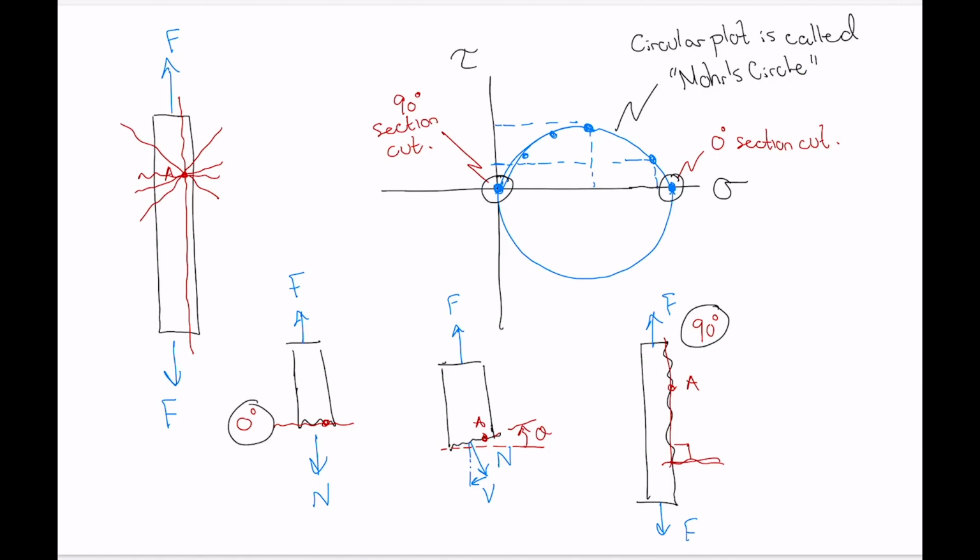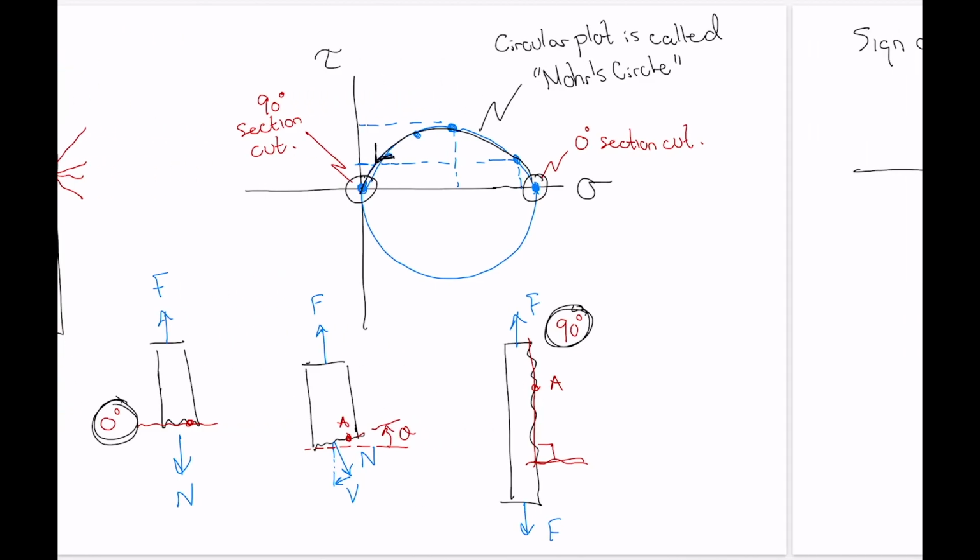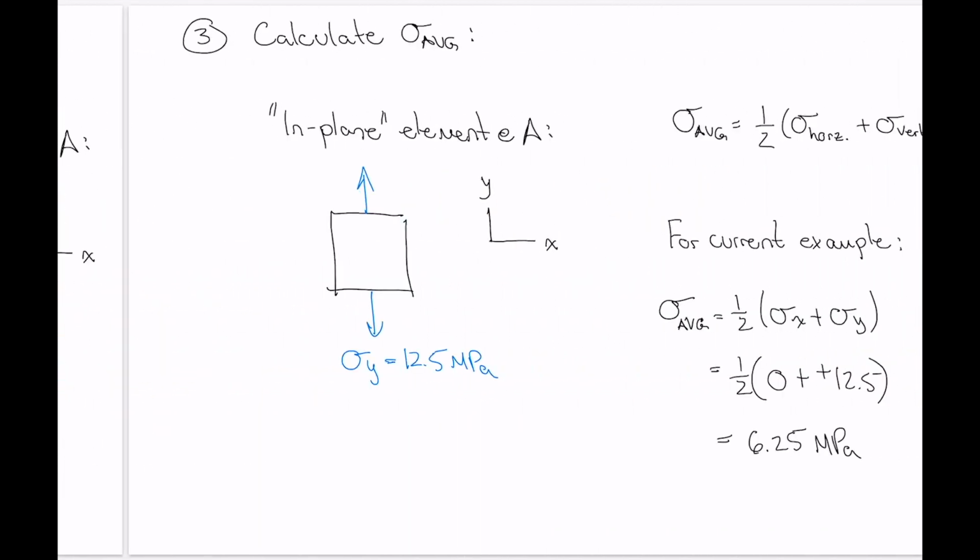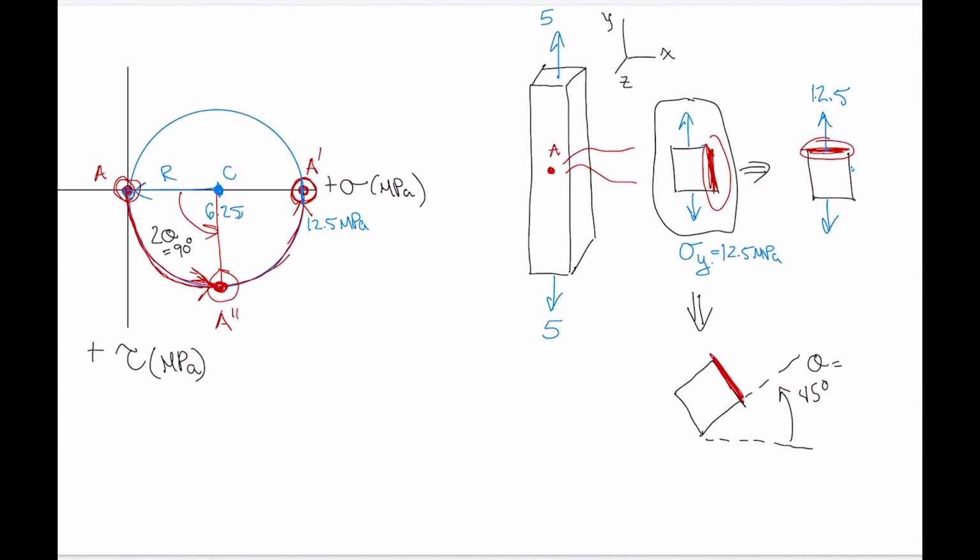So changing our section cut angle by 90 degrees caused a 180-degree rotation around the circle. So all the rotations around the circle are always double the actual changes in orientation in reality. So let's go back here.